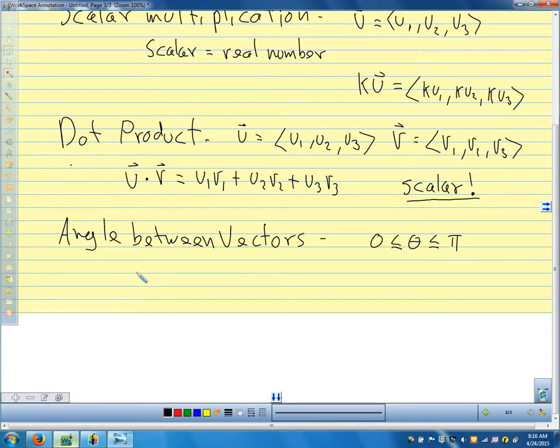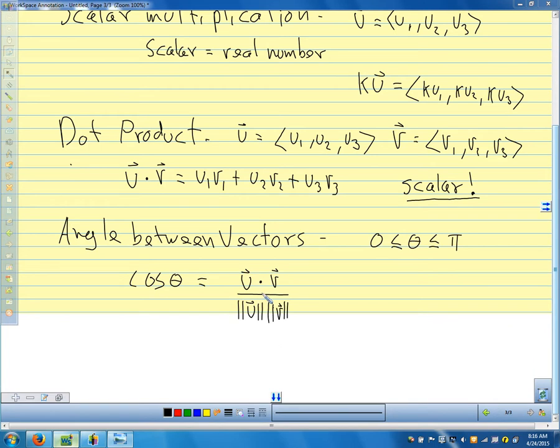We said that the cosine of the angle between the vectors was the dot product divided by the product of the magnitudes. u dot v over the magnitude of u times the magnitude of v. That gave us the cosine of the angle between them.